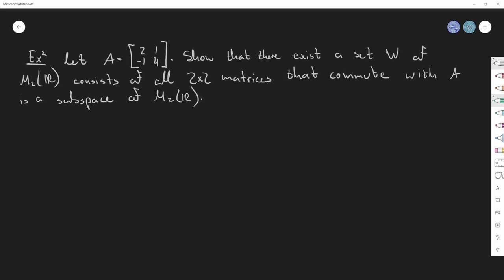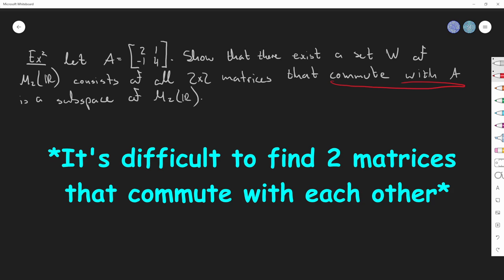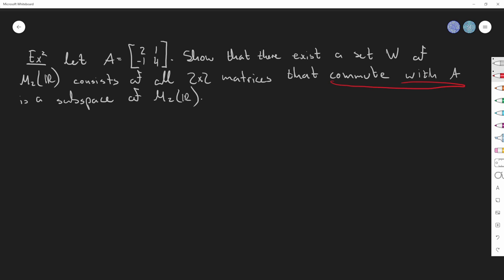What makes this a little bit complicated is that it has to commute with A. Matrices can't always commute with each other; it's not always the case.